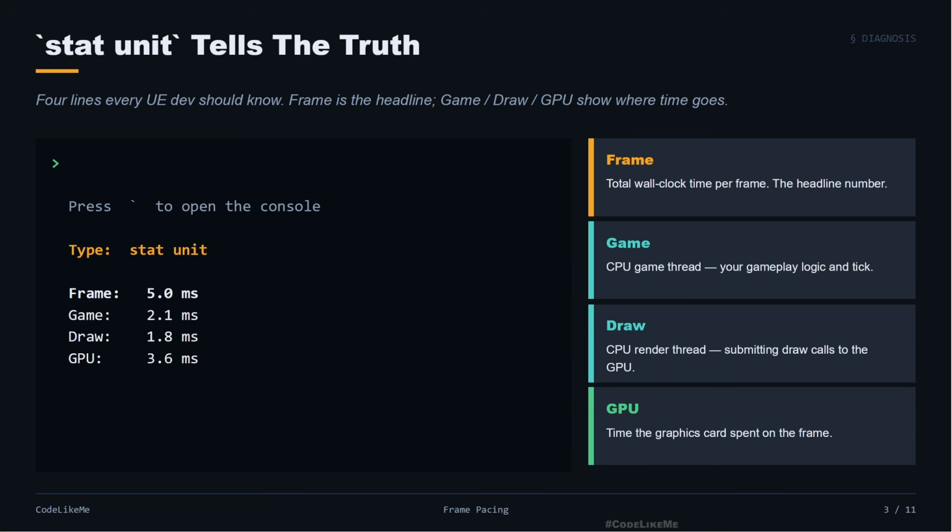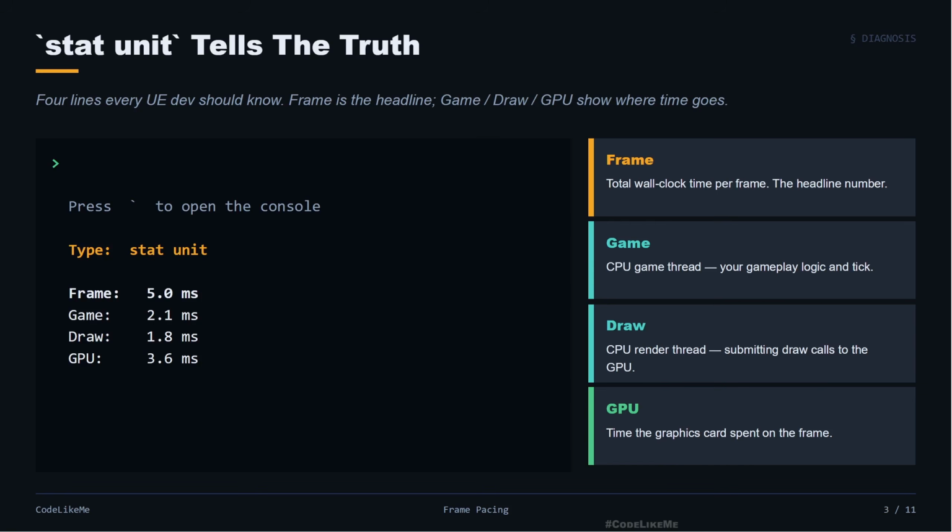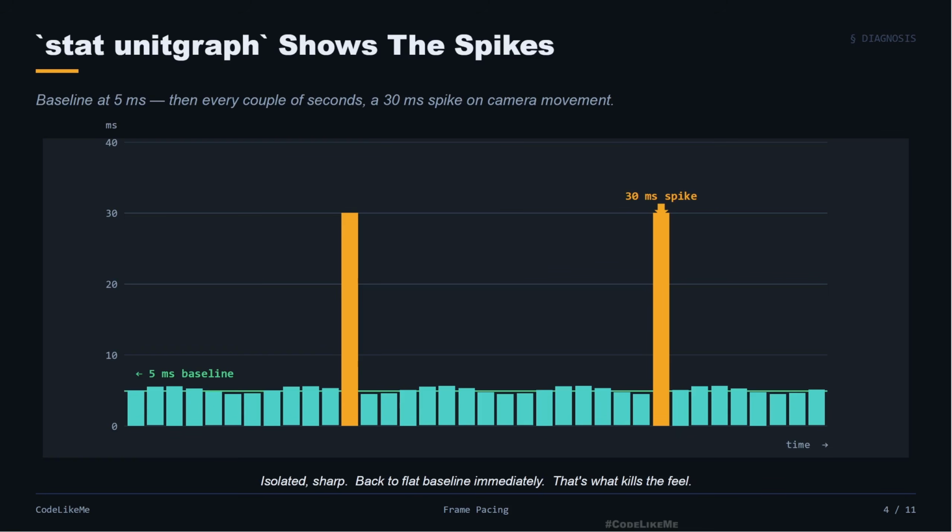So the fix does not include any change. It's an identical world, identical code, identical map, everything is the same. But this is what's going on. When I'm at 200 FPS, my baseline per frame is 5 milliseconds and the spike is 30 milliseconds. This spike happens when I move around the world.